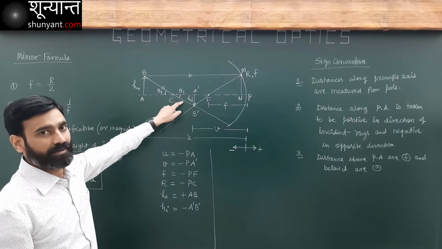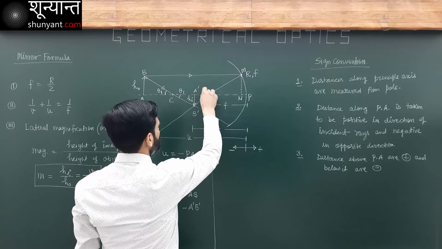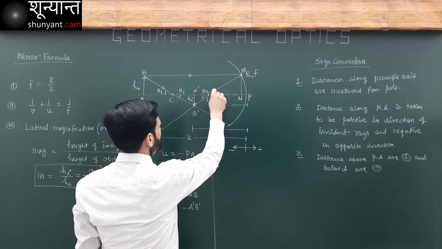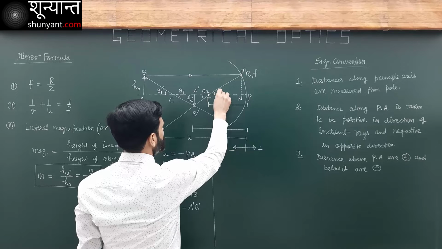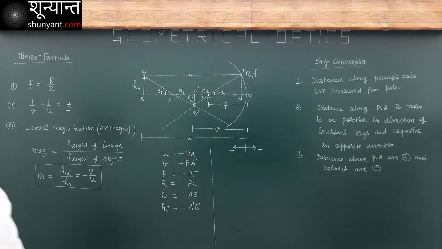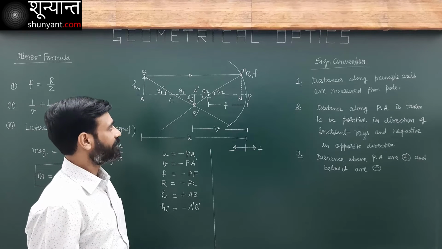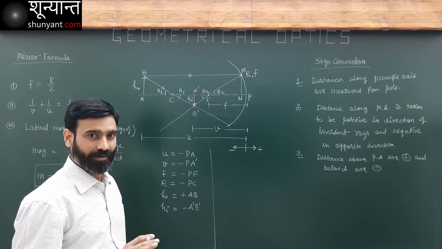Theta 1 here. Now, if this is theta 2, then this also is theta 2. Understood? All right.